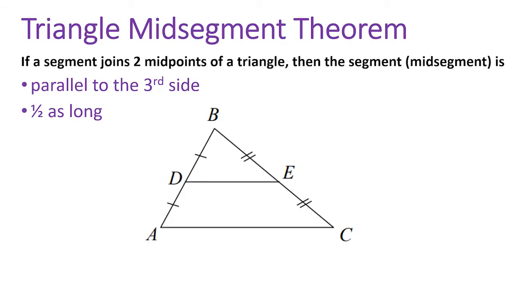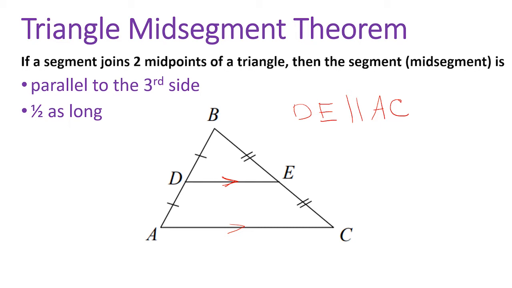All right, so now looking at the mid-segment triangle theorem, or the triangle mid-segment theorem, if a segment joins two midpoints of a triangle, then the mid-segment is parallel to the third side. So we could say that sides DE and AC are parallel, and DE would be half as long.